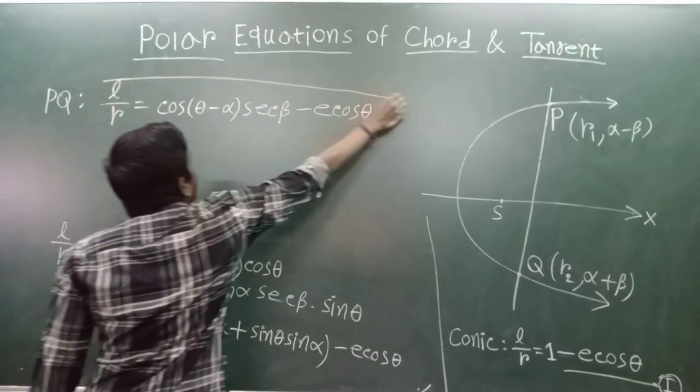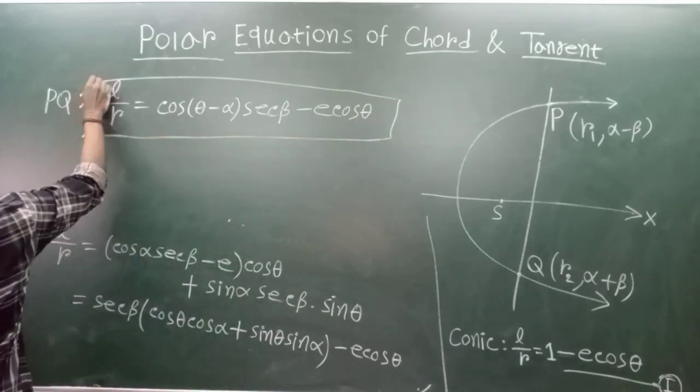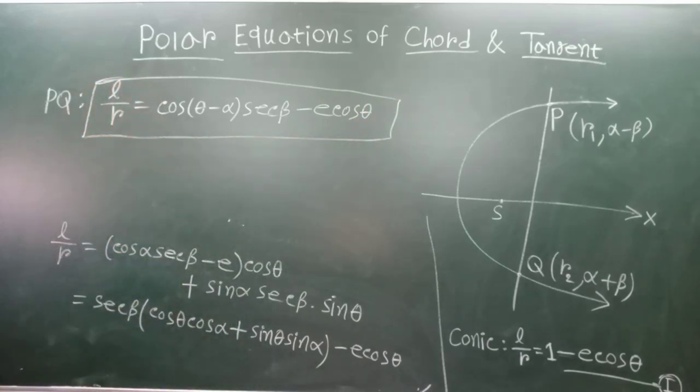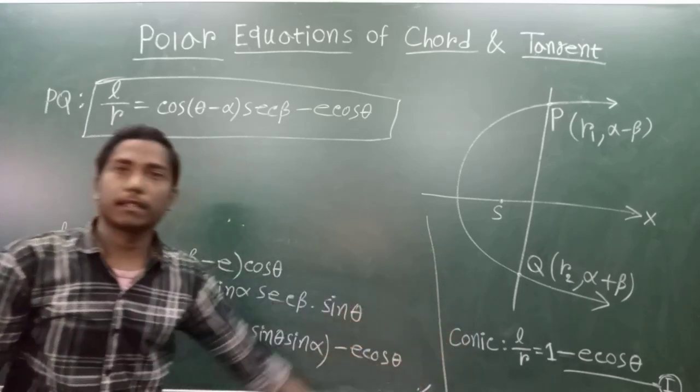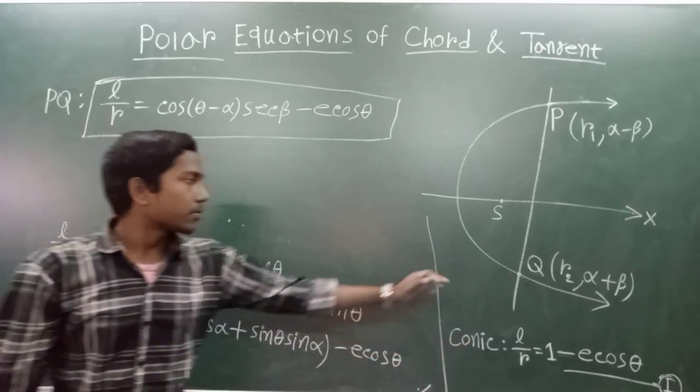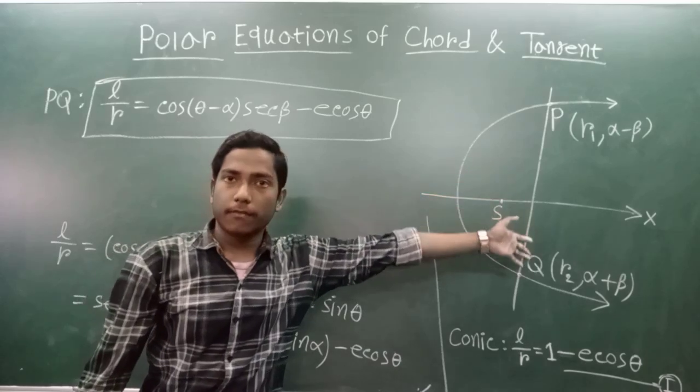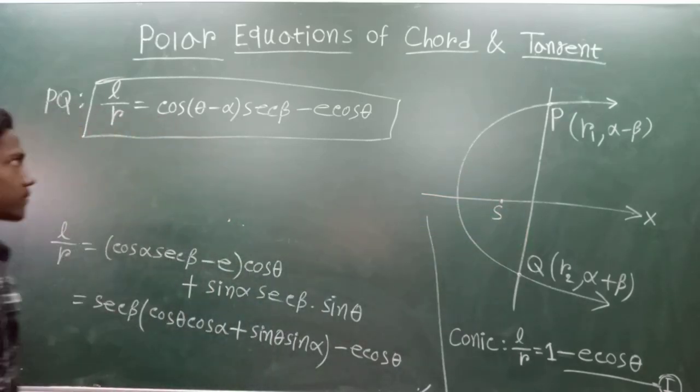So this is the required equation of the chord PQ. The chord passes through 2 points of the conic L by R is equal to 1 minus E cos theta, and the vectorial angles of those points are alpha minus beta and alpha plus beta.